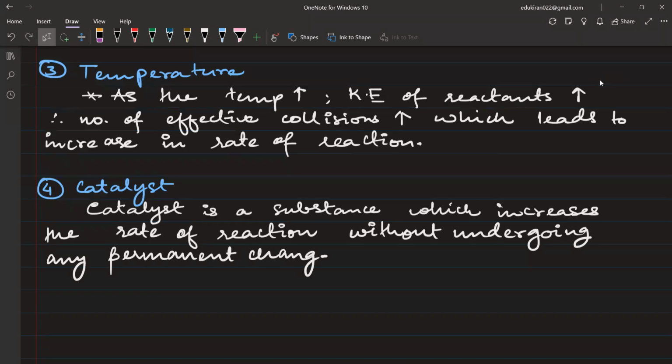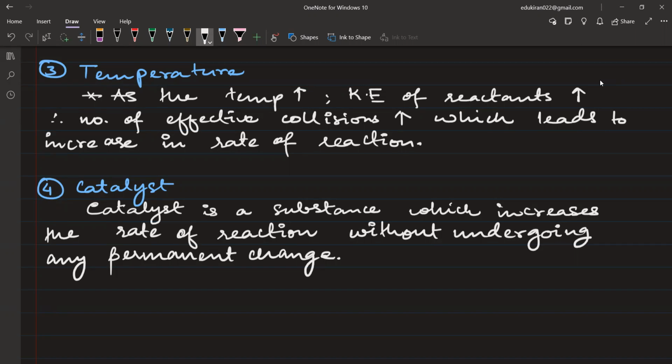Now, generally you will see people answering that a catalyst is something that increases the rate of reaction without taking part in the reaction, but that is not true. If something is not taking part in the reaction, how is it going to do anything? So catalysts do take part in the reaction, but they don't undergo permanent change.